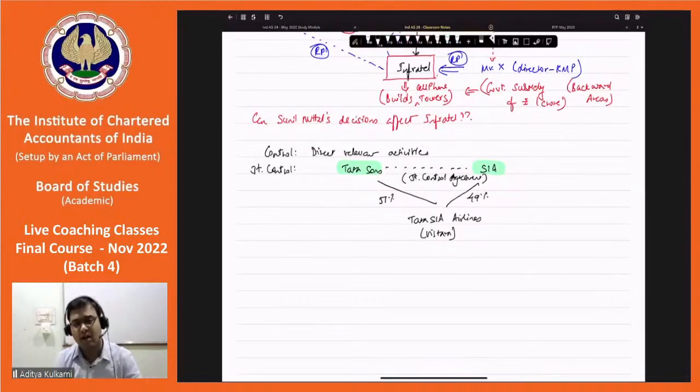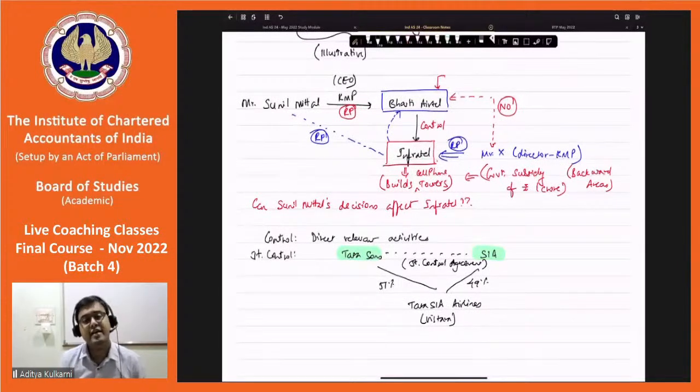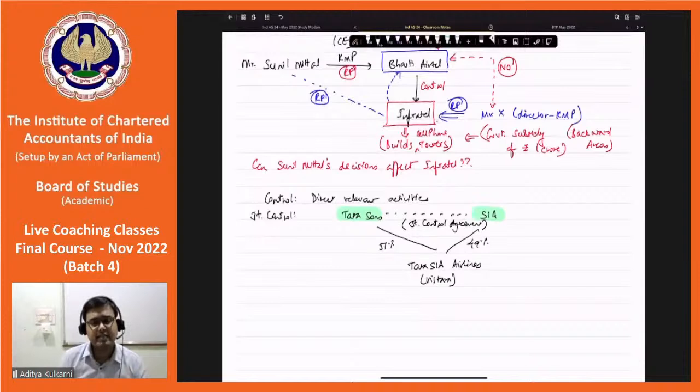Otherwise, Tata Sons alone cannot decide, even though Tata Sons owns 51%. So, does Tata Sons have control over Vistara? Answer is no. There is no unilateral control. In the case of Bharti Airtel and Infratel, it was unilateral control. In the case of Vistara, Tata Sons and Singapore together have to decide.